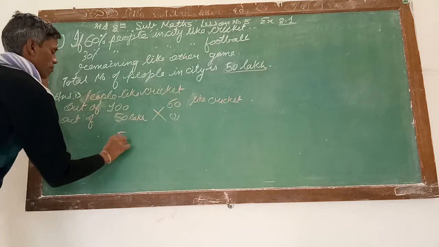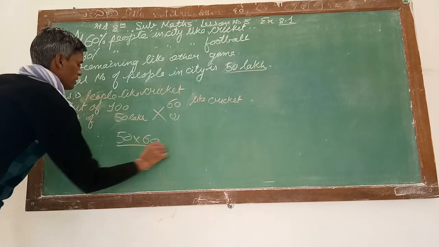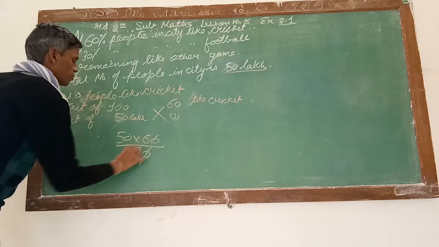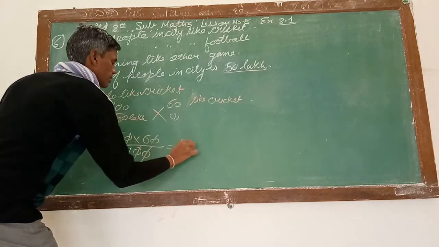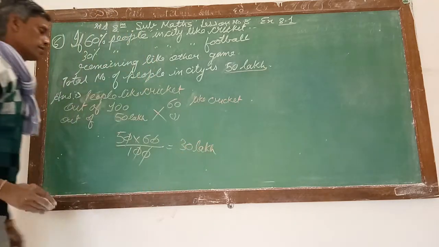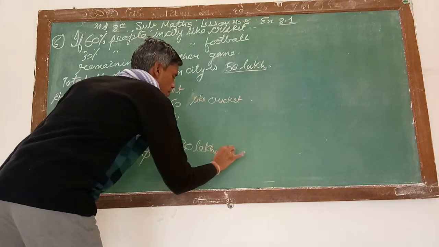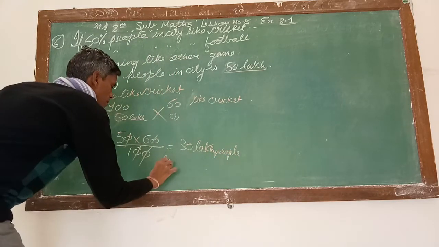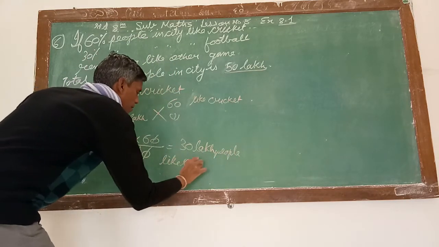Therefore, 50 into 60 upon 100, zeros cut, 5 6s are 30. 30 lakh people like cricket.